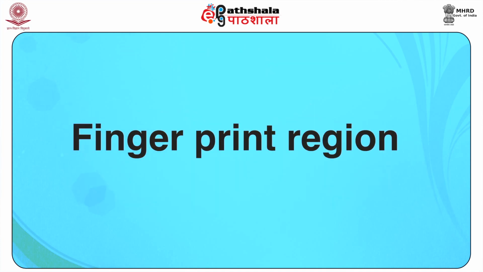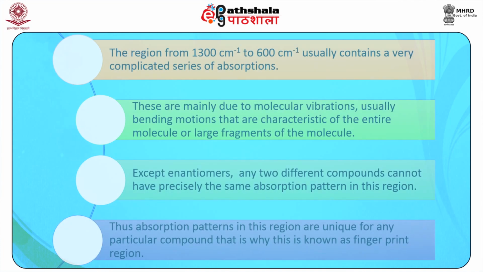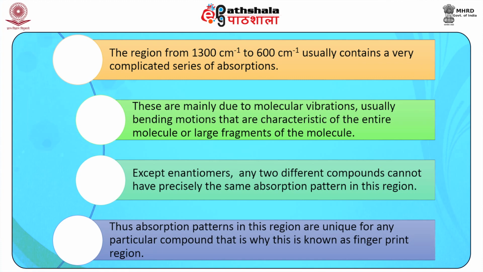Next is the fingerprint region, which ranges from 1300 to 600 centimeter inverse. Now the region from 1500 to 600 centimeter inverse usually contains a very complicated series of absorptions. These are mainly due to molecular vibrations, usually bending motions, that are characteristic of the entire molecule or a large fragment of the molecule.